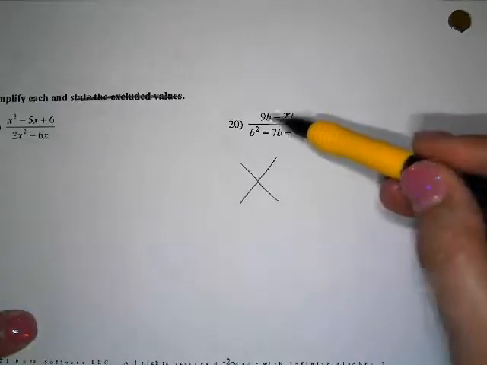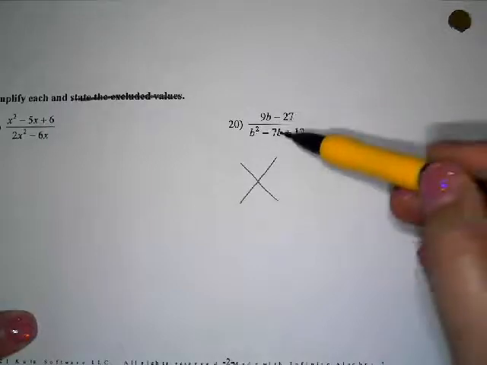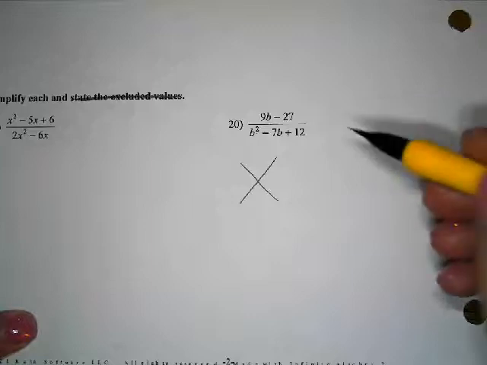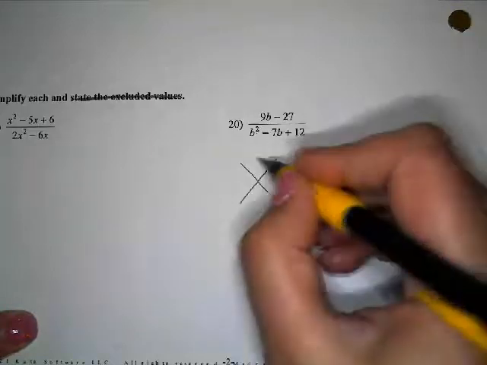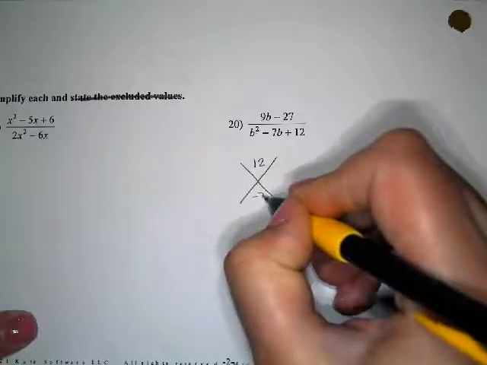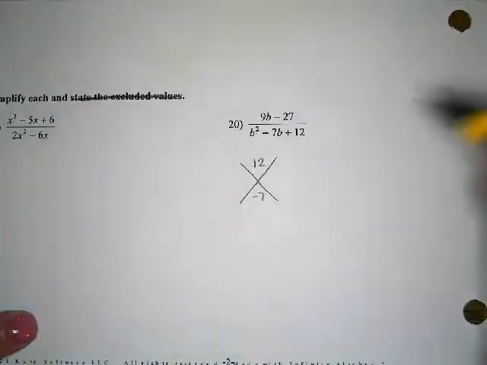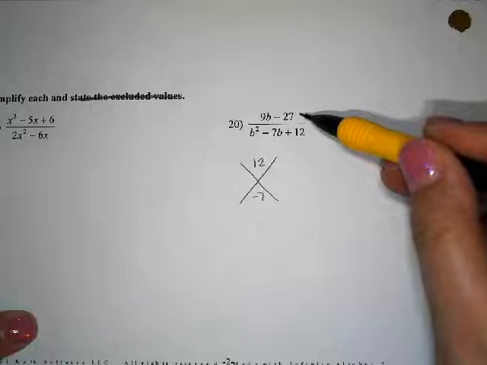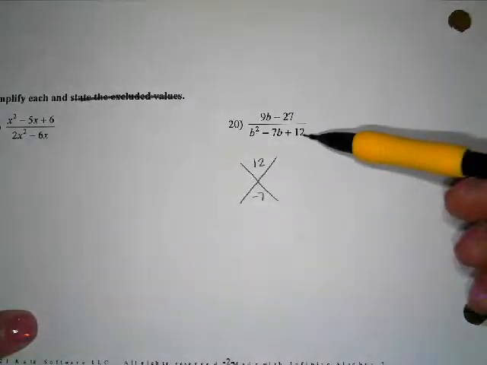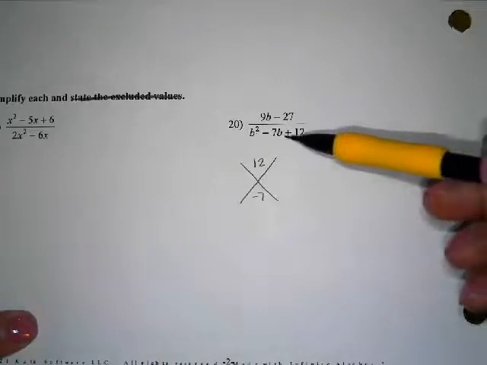So for the bottom, we're looking for what multiplies to 12 but adds to negative 7. And then for the top, we just got to find our GCF. So anyone know what multiplies to 12 but adds to negative 7? Okay. Negative 4, negative 3.